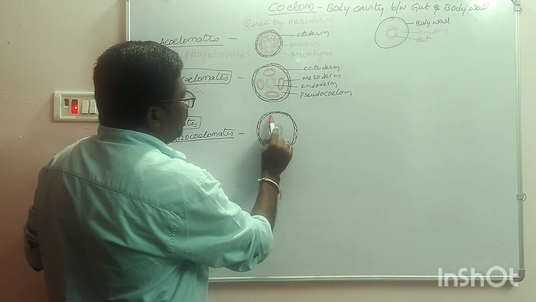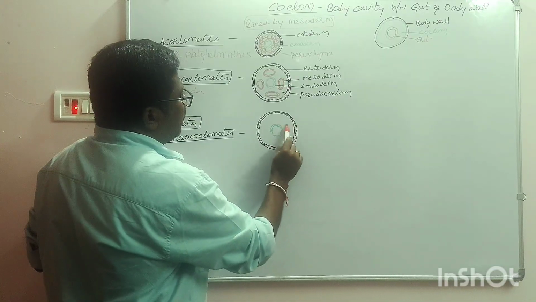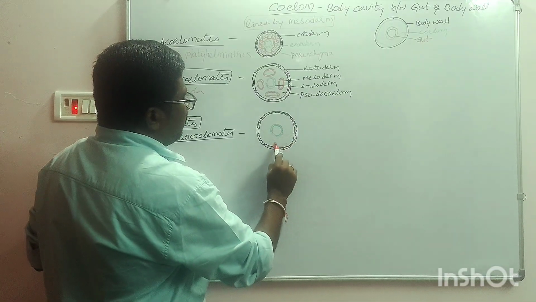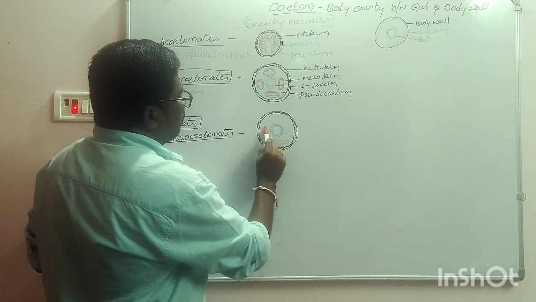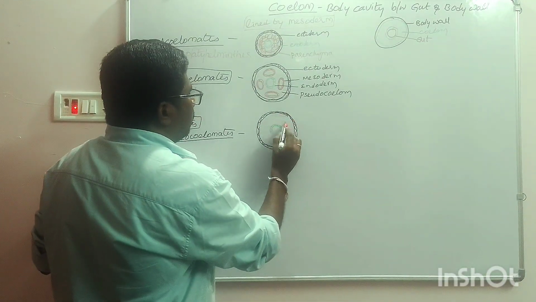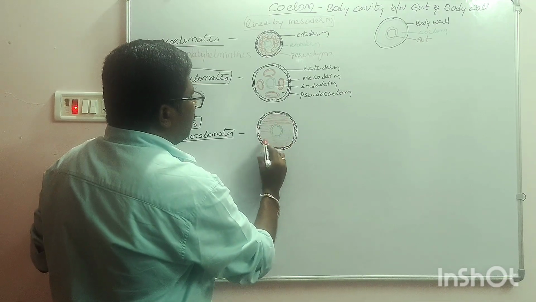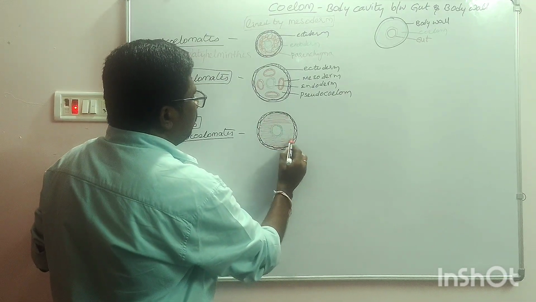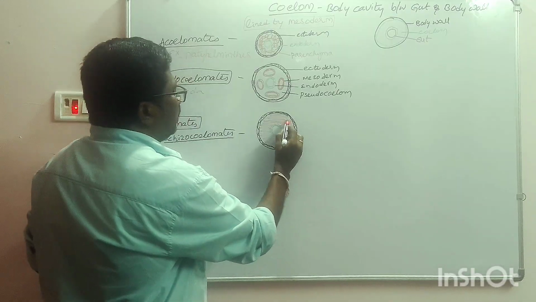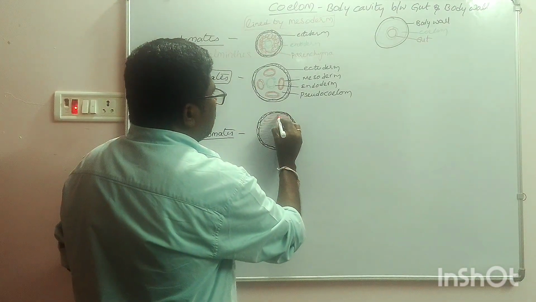This is completely filled with the mesoderm, right? Mesodermal cells are like this, completely filled. Between the ectoderm and endoderm, mesodermal cells are there.